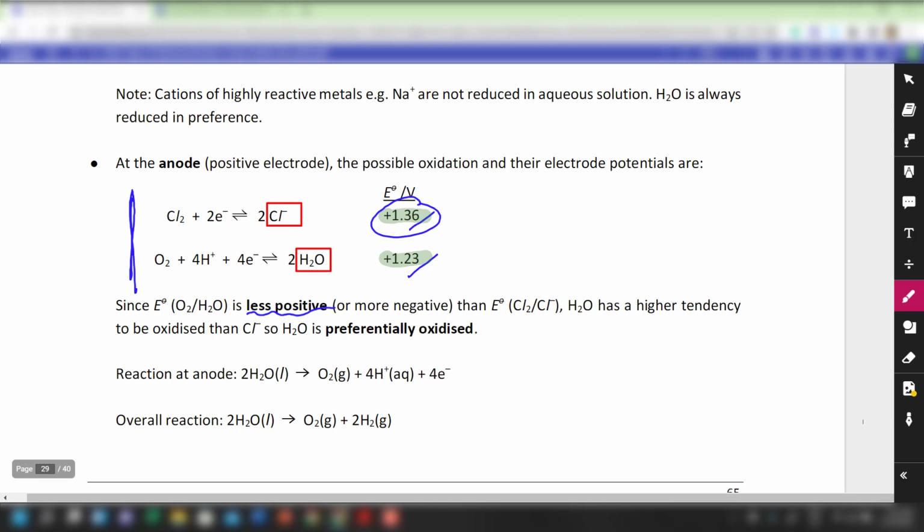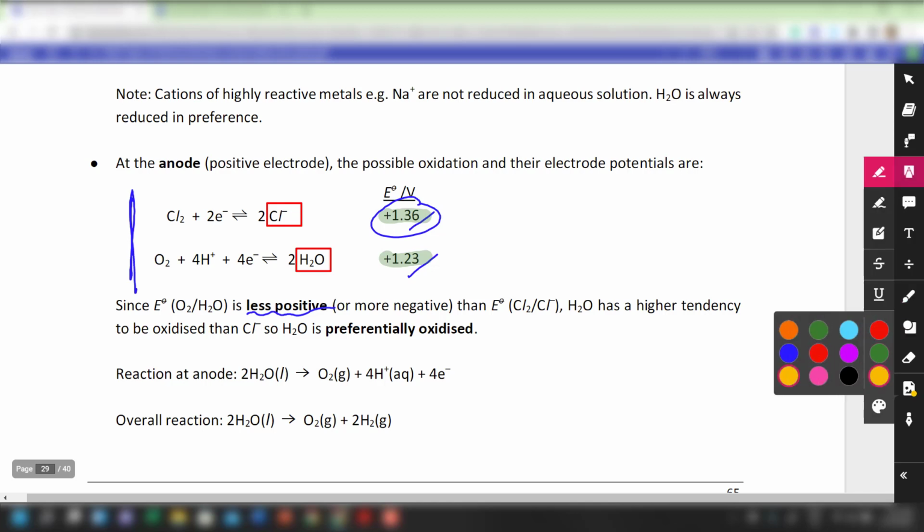So in our case here, because the reduction potential for oxygen/water is less positive than that of chlorine/chloride, water will be oxidized at the anode. So the reaction at the anode will be the oxidation of water to give us oxygen gas and H+. And this is the overall reaction.